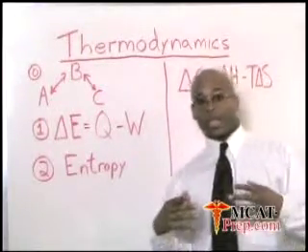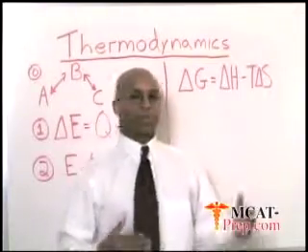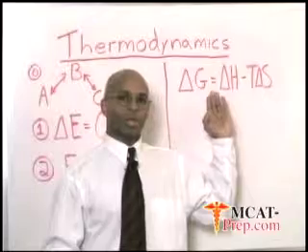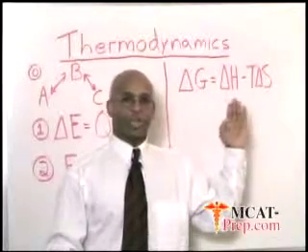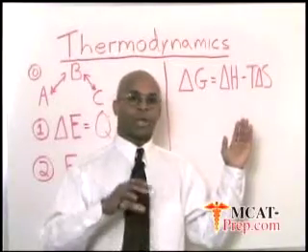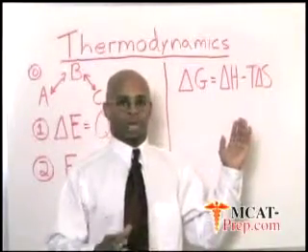Now, it is often calculated by using the following equation, and this is a term called Gibbs free energy, and this is going to allow us to determine whether or not a reaction is spontaneous or not.